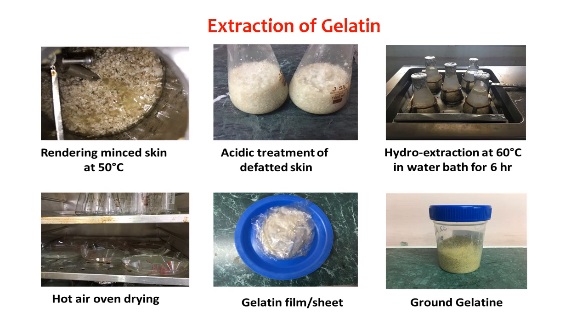Then we get the gelatin in the water, which should be filtered and then dried in a hot air oven, and finally we can get a gelatin film or gelatin sheet, and also a ground gelatin powder. So this is briefly about the extraction of gelatin from the chicken skin.